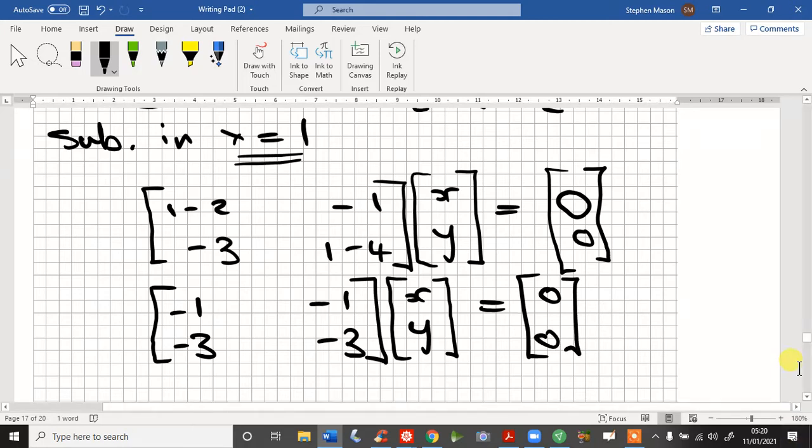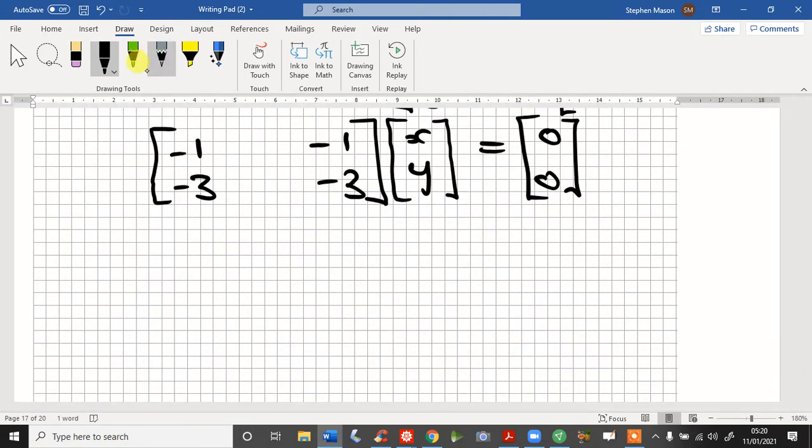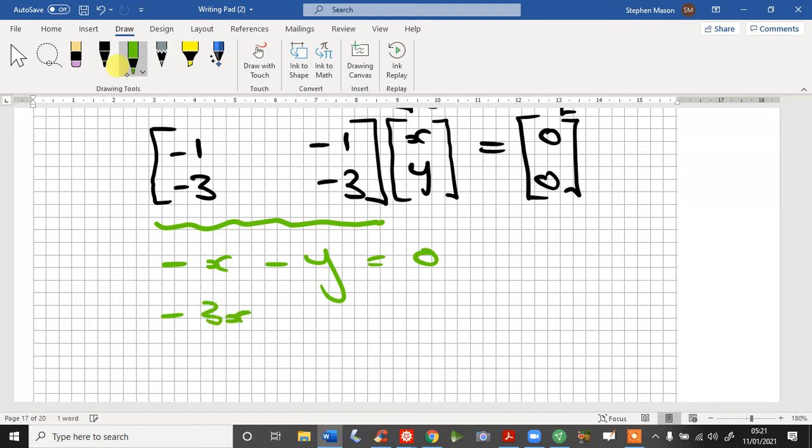Now, what you might see from each equation is that we multiply the minus 1 by x and the minus 1 by y, we get minus x minus y equals 0, and minus 3x minus 3y equal to 0.